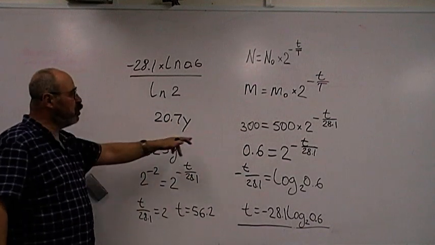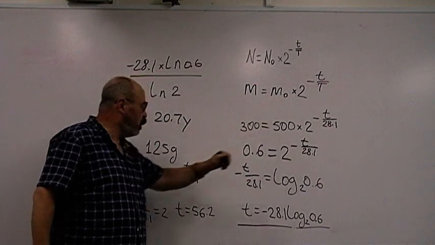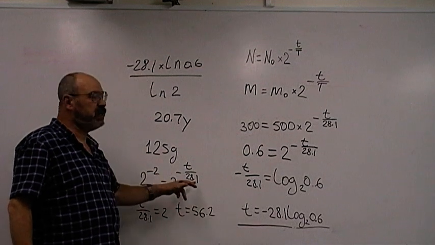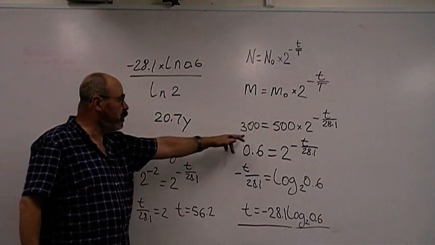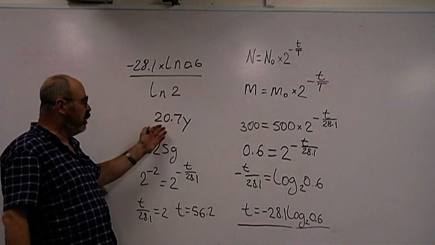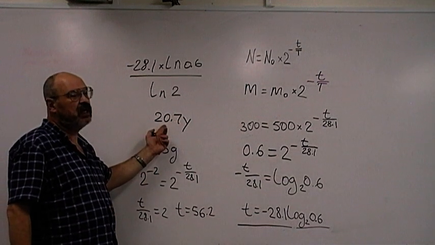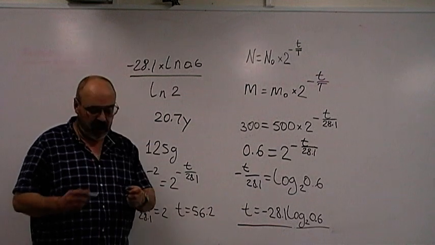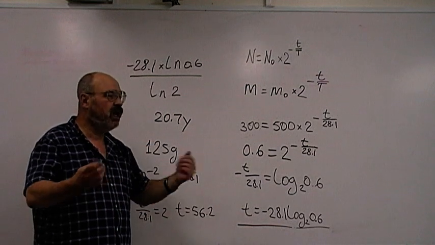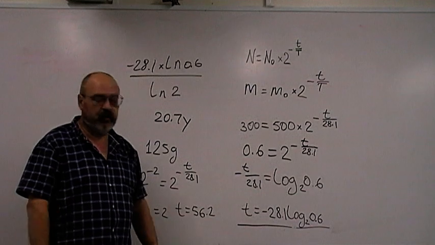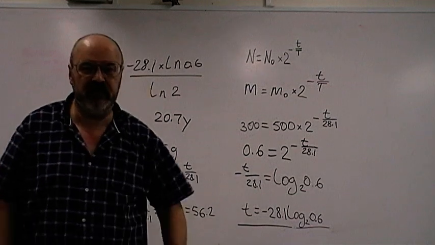And that's logical: to get to 250 it needs 28 years, so to 300 grams it will decay in less than 28 years, in 20.7 years. Okay, that's how we solve problems with the half-life.